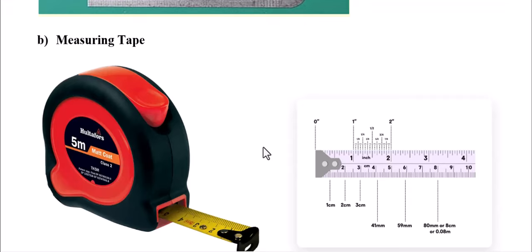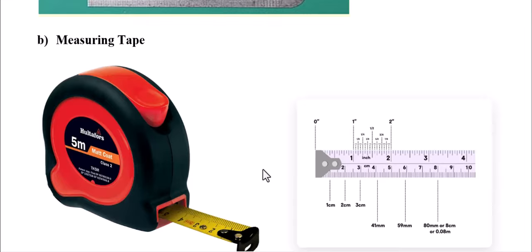it can be expanded, you can lengthen it, and then you can roll it up during storage, and it is provided in lengths greater than the steel ruler. Like the steel ruler, it has dimensions in centimeters, millimeters, and inches.